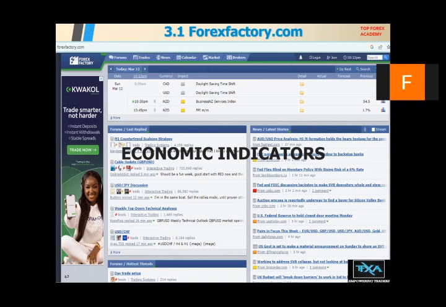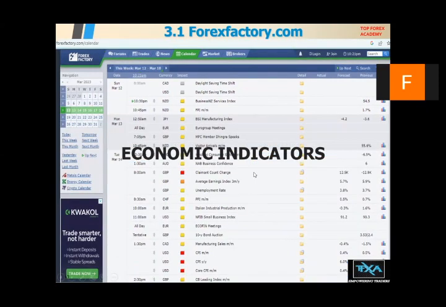A strong GDP indicates economic growth, strengthening the currency. A declining GDP suggests economic weakness, leading to currency depreciation. Another economic indicator to look at is inflation, measured by the PPI, that's Producer Price Index, and the CPI, Consumer Price Index.